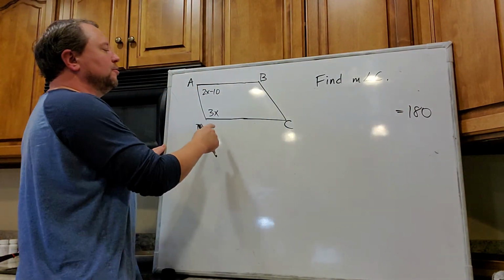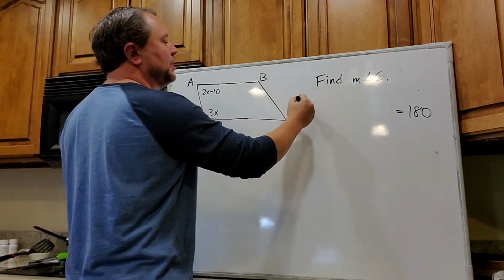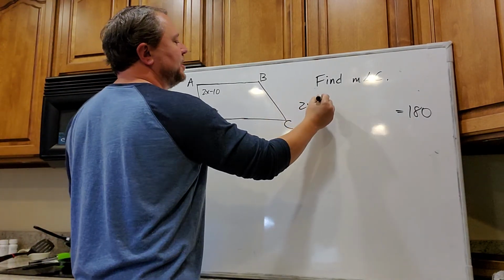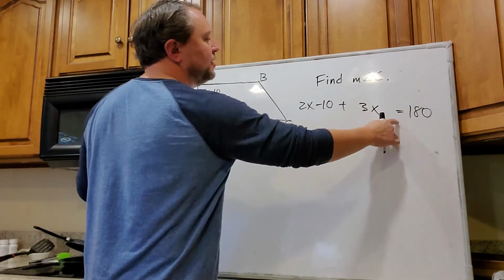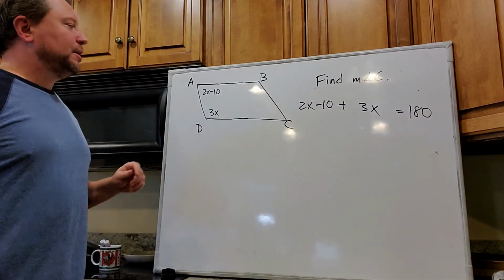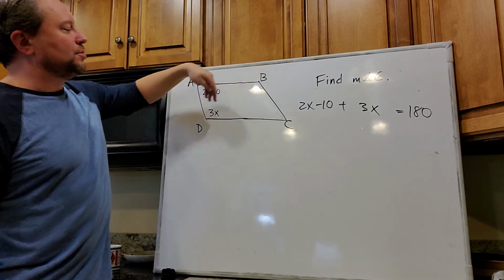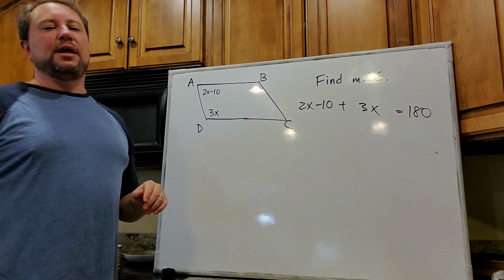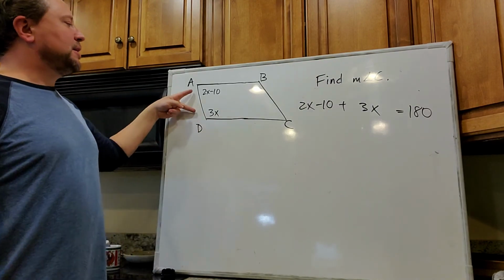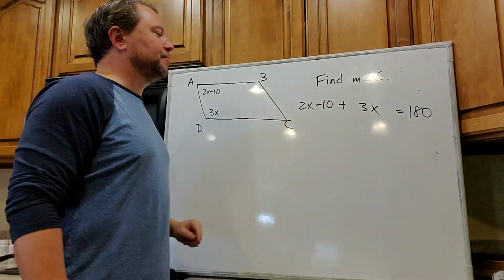So that's what we're going to do for our equation as well. We're going to say that the 2x minus 10, when added to this other angle 3x, has to equal 180. Had they been opposite angles, then of course we would have set them equal to each other. But in this case, since they're consecutive angles, they should add up to 180.